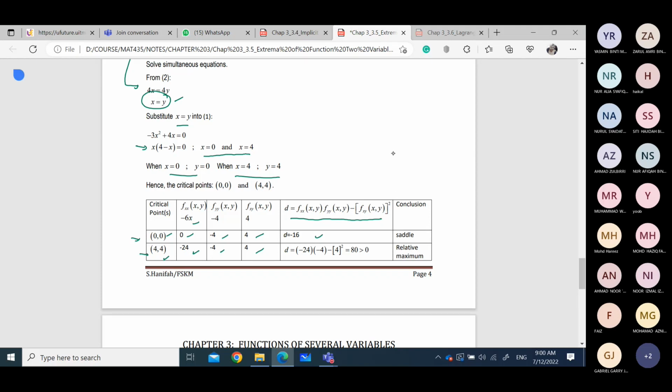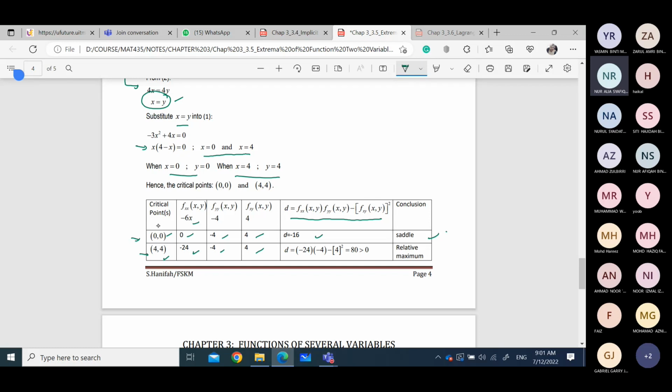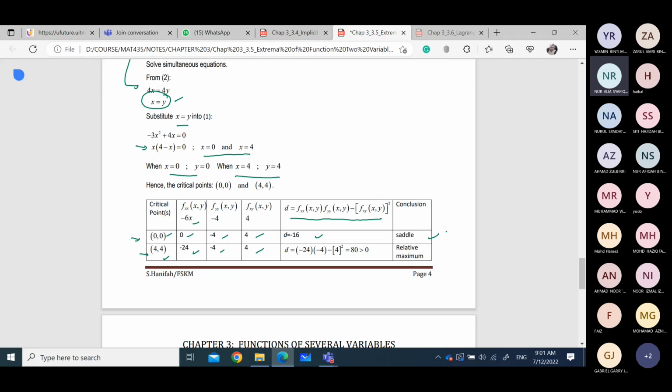Okay, so based on the theorem, if the discriminant is less than 0, this means that the surface has a saddle point. Saddle point pada mana? Pada point (0, 0). Okay, faham tak?